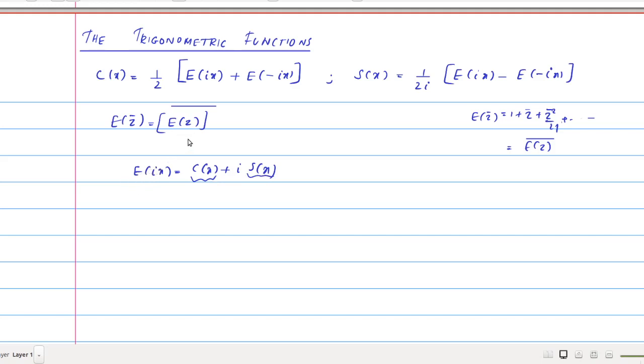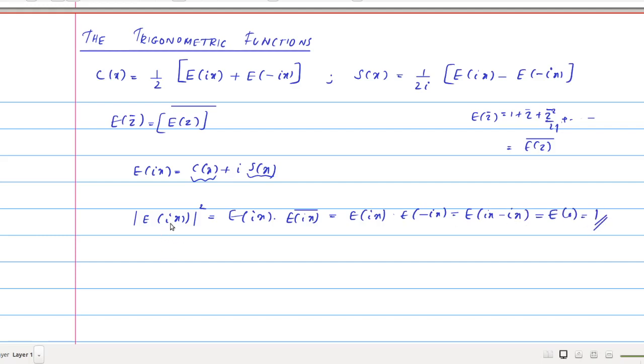Then what is mod e of ix whole square? Mod e of ix whole square will be e of ix into its conjugate. We know that the conjugate of e of ix is e of minus ix. So this is e of ix into e of minus ix, that is equal to e of ix minus ix, because e of z plus w is equal to e of z into e of w. So this is e of 0 and that will be 1.